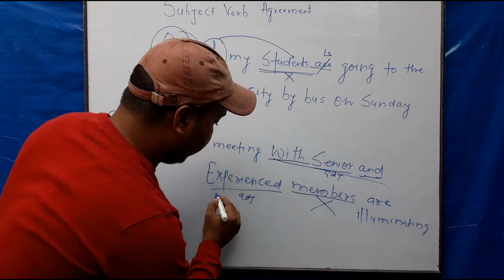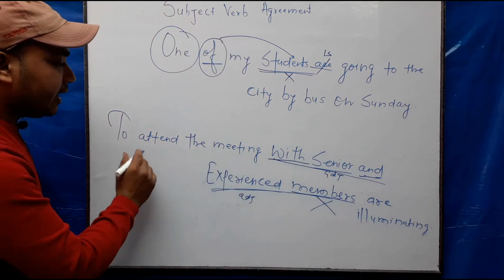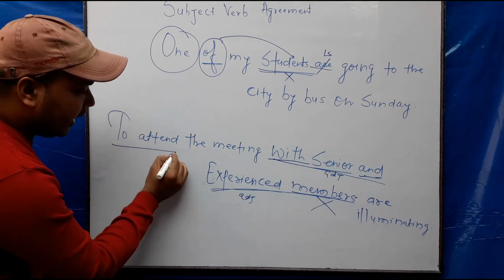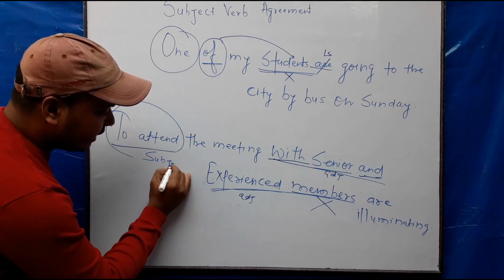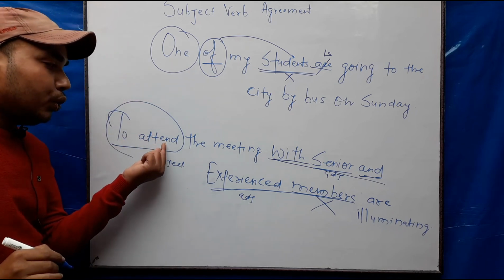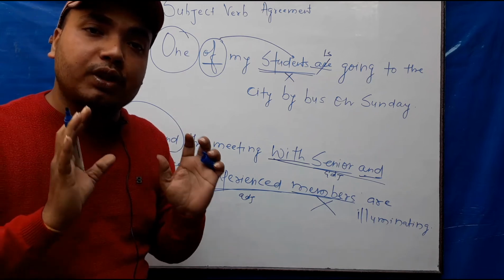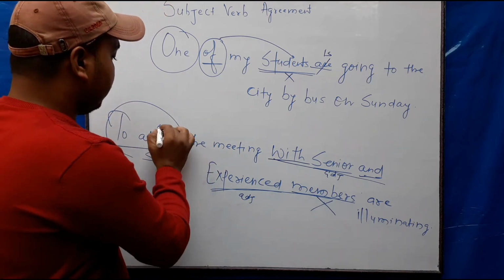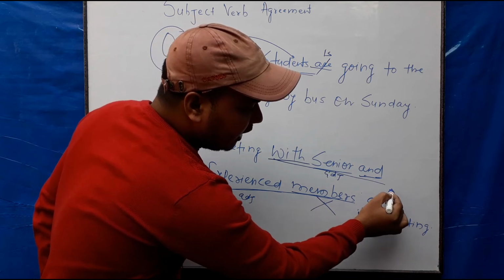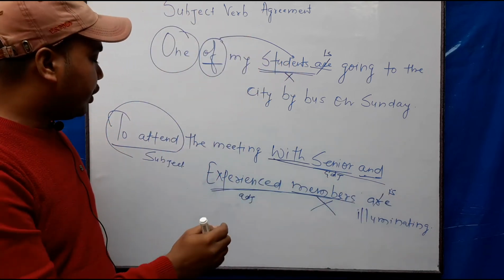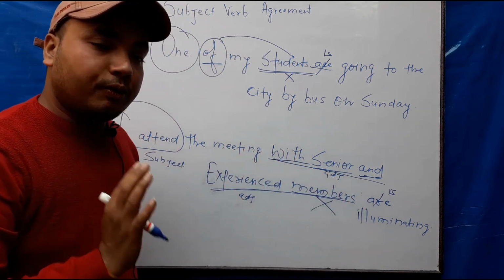From here to here it cannot be the subject in the sentence. So in this sentence, "to attend" is working as the subject, and "to attend" is singular, that's why you have to put a singular verb. So now you have to put "is" in place of "are". Why? Because your subject is singular.